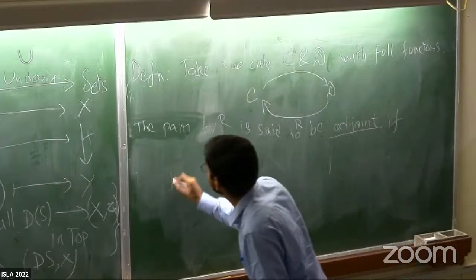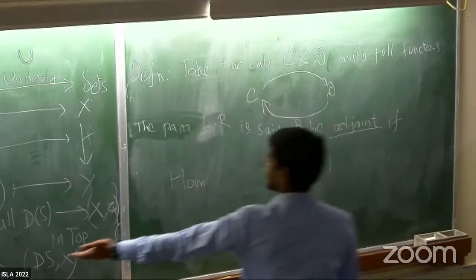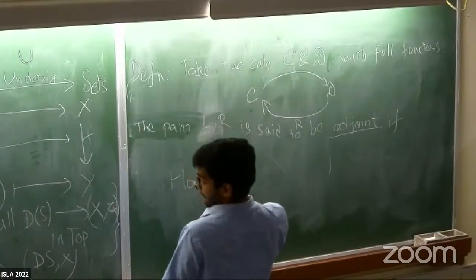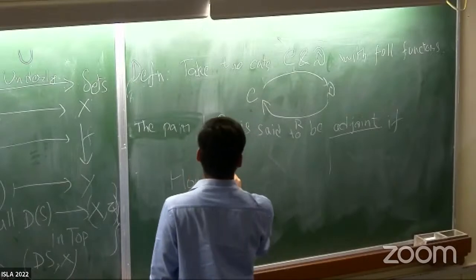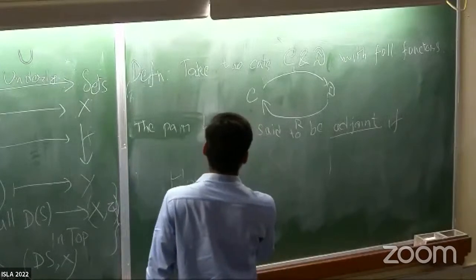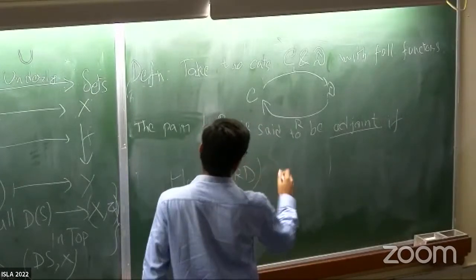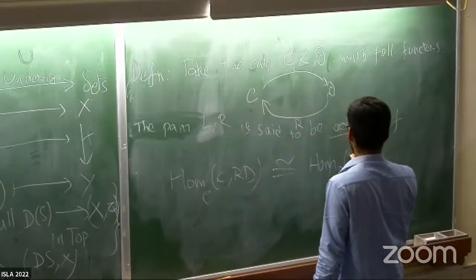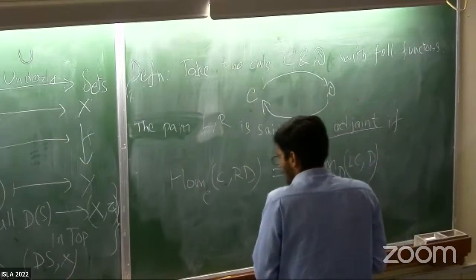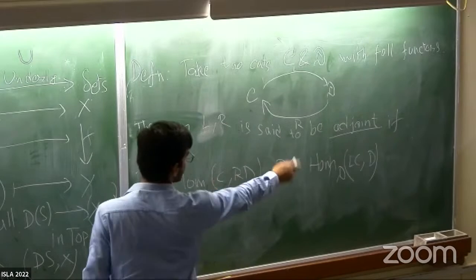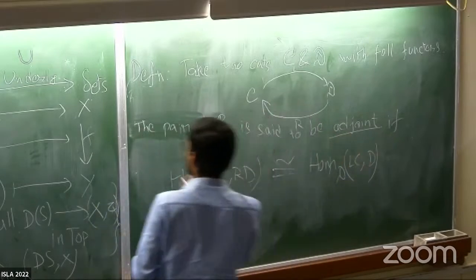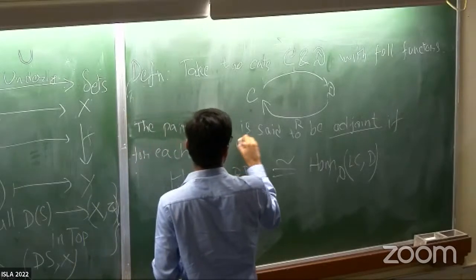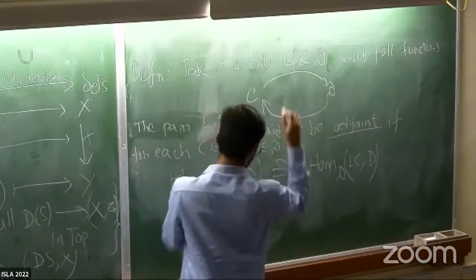That is, this is just this result that we observed: you begin with C, take an object in C, and L takes C to D. So L and R are said to be adjoint if for each object C in C and D in D, the following happens.